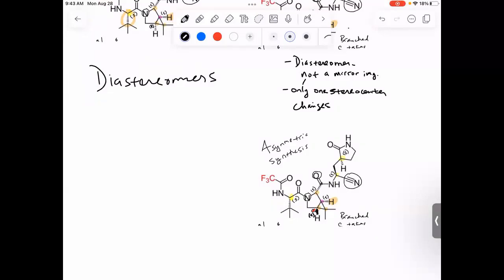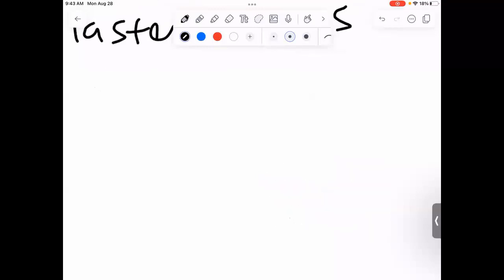It's still chiral. It's still a stereoisomer, but it's not a mirror image. So to draw a diastereomer, you only alter one stereo center at a time. And in order for diastereomers to be possible, you need at least two stereo centers.